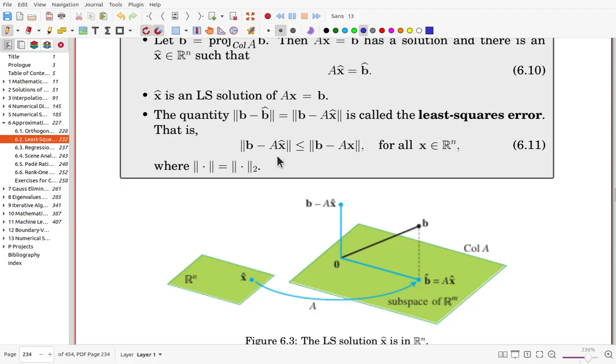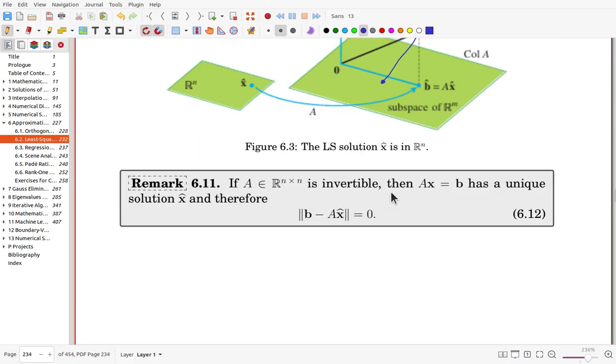That means b minus Ax hat, the distance, is the smallest among all b minus Ax. So if you try to measure from b to any point in the column space of A, then this distance will be less than or equal to that distance, right? Okay.